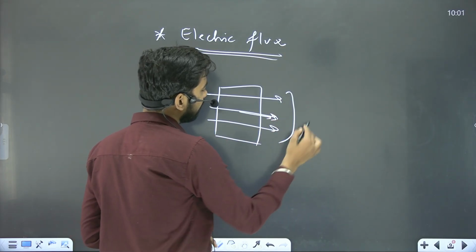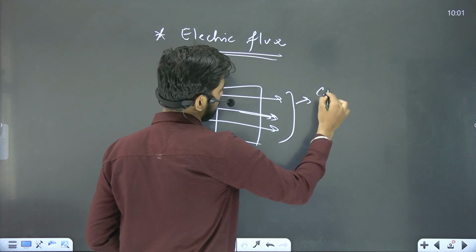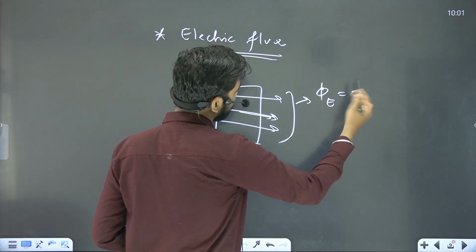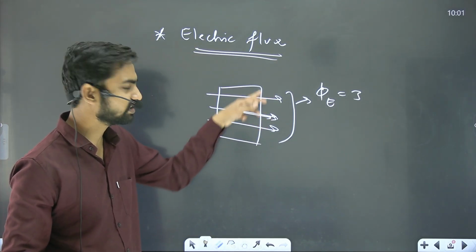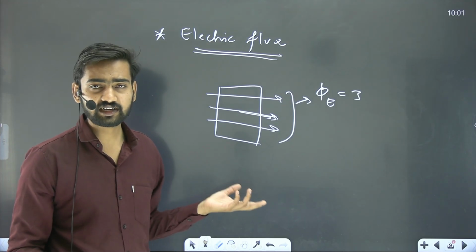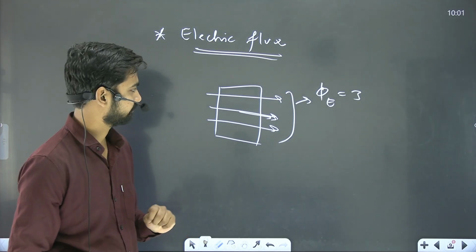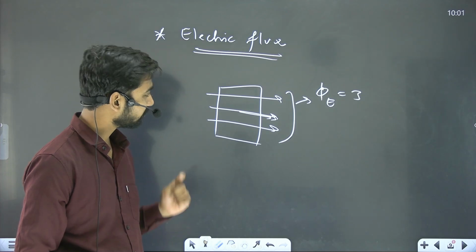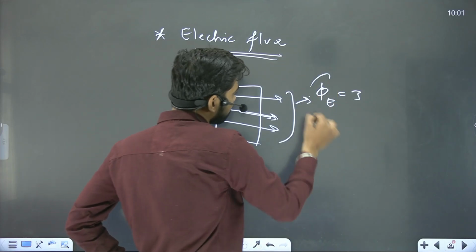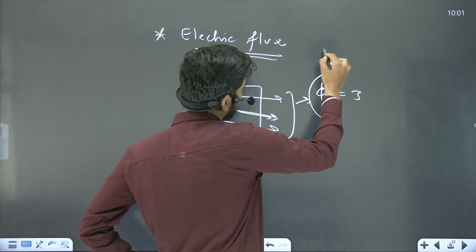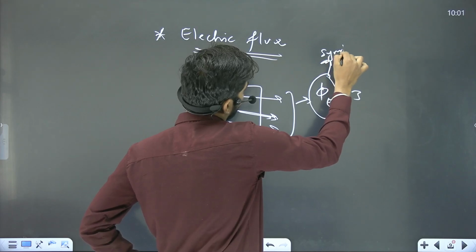It means the electric flux is how much? 3. The number of field lines passing through the surface normally is 3, so the electric flux is 3. But there is one twist. The symbol of electric flux is phi E.